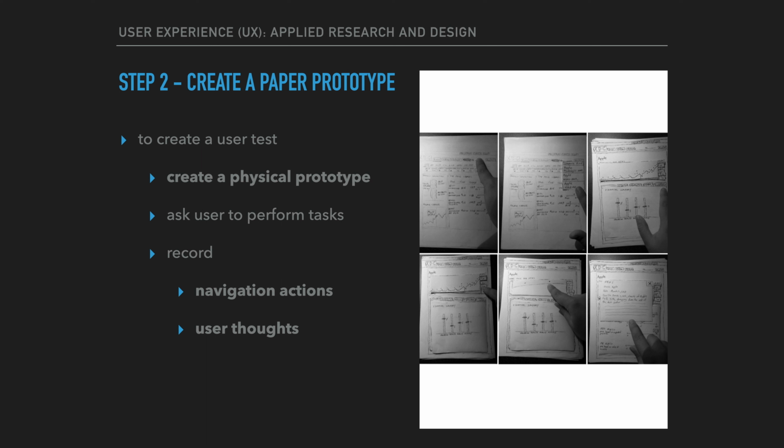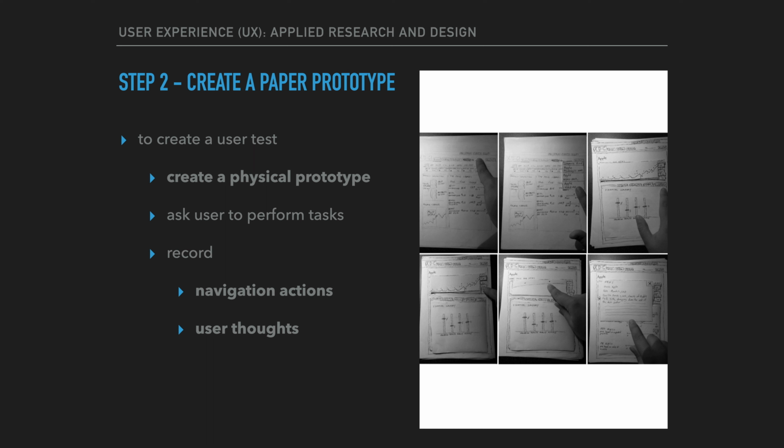To create a user test, you will first need to create a physical prototype. The prototype can be created either by sketching it on paper or by using a digital prototyping tool and printing it out. The next step involves asking the user to perform a set of tasks by navigating through the physical prototype. It is essential to record both navigation actions performed by the user as well as the thoughts of the user as they contemplate the challenge of accomplishing the assigned task.